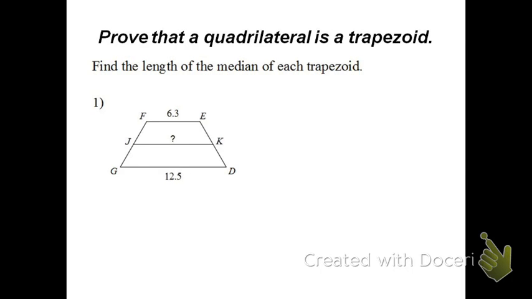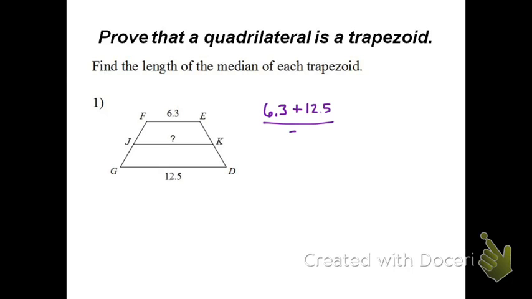For example 1 here, we're looking at the top base, which is the smallest, is 6.3. The bottom is 12.5. So if we're trying to find the length of the median, then we're going to, as we said, take the sum. So we have 6.3 plus 12.5.